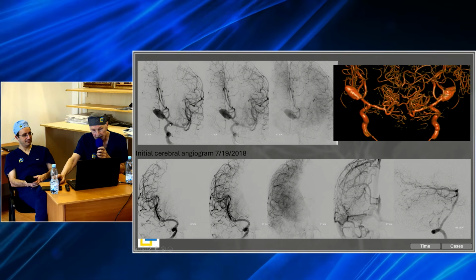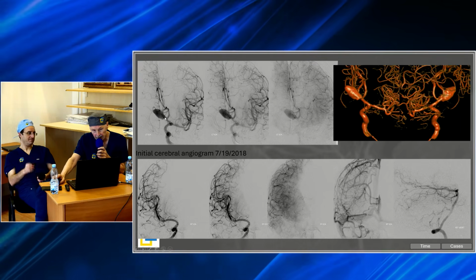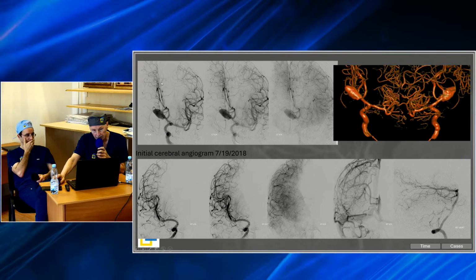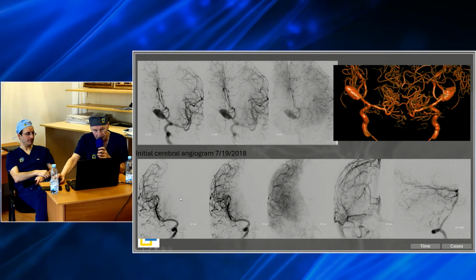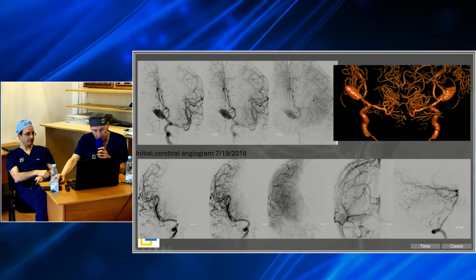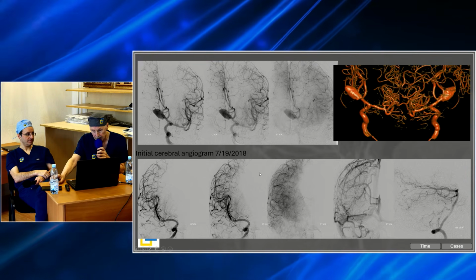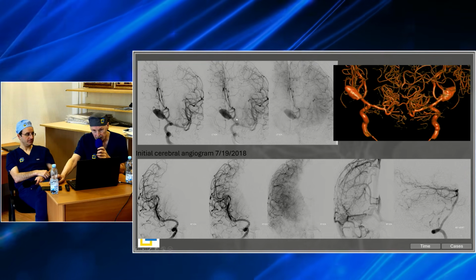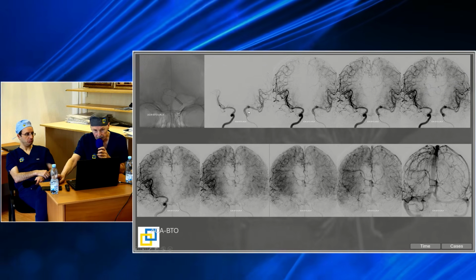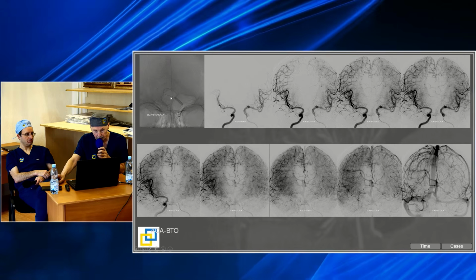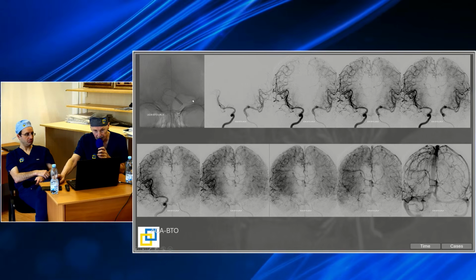Now, this is a situation where you have both distal ACAs arising from a dominant left A1 segment, and you can see that the right A1 is atretic. So how to go about treating this? Well, we wanted to explore it, so we do balloon test occlusion. This is the balloon in the A1 segment on the left.